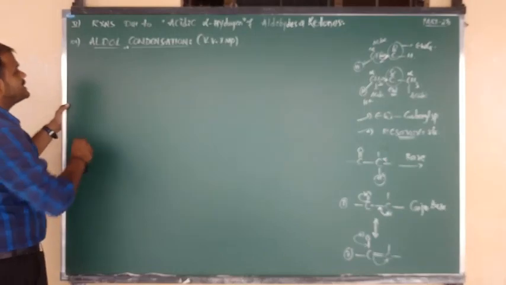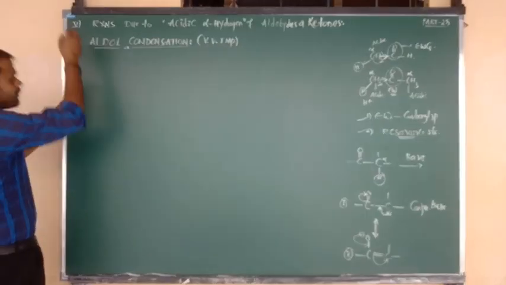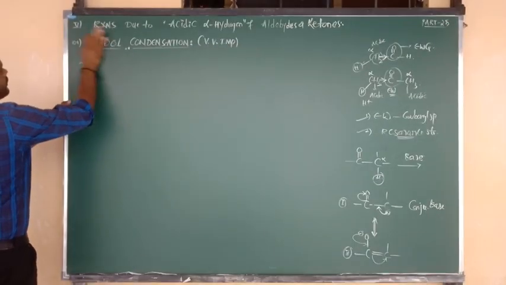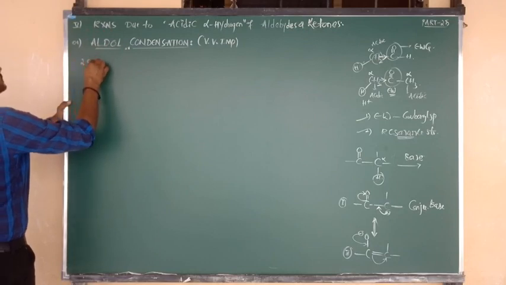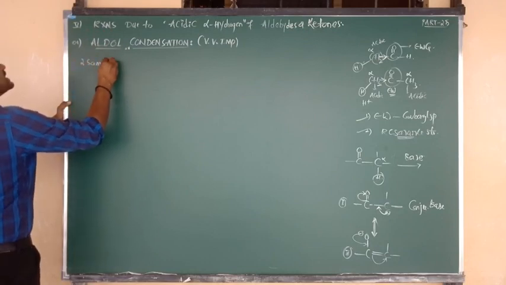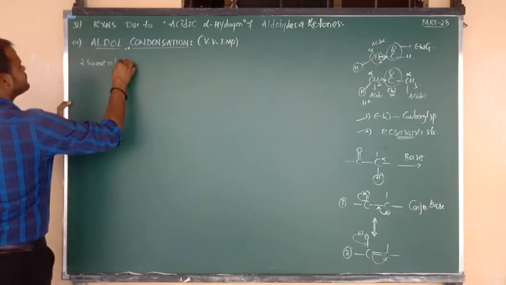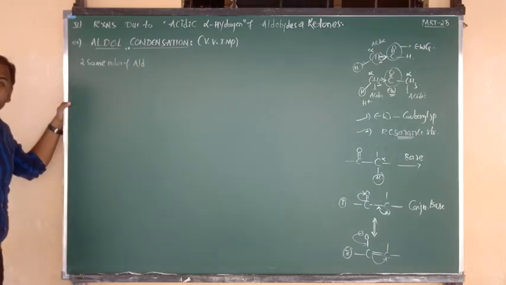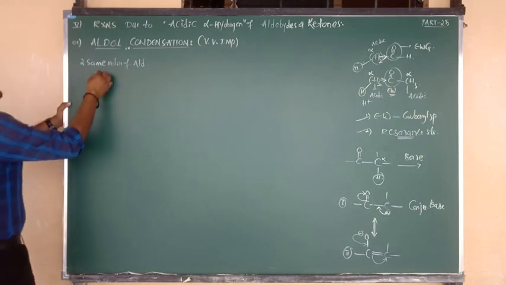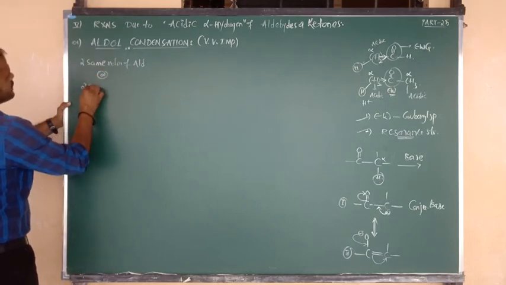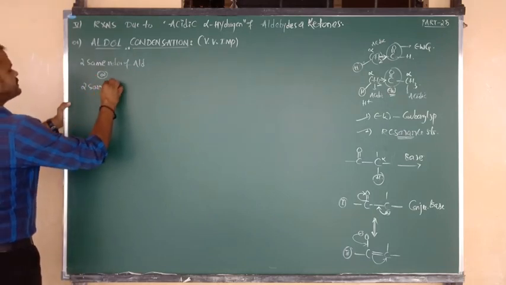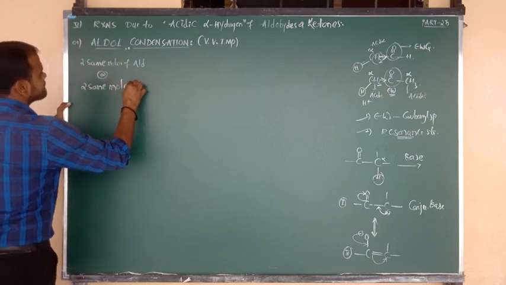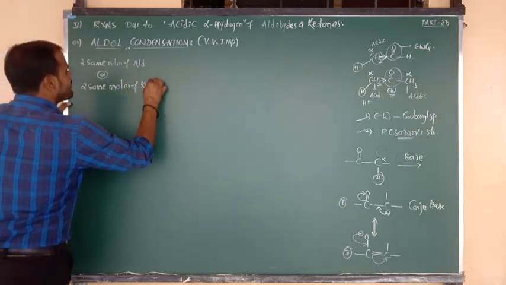First of all, I am going to give you one statement. First of all, I am going to consider two same moles of aldehydes, or otherwise you can consider two same moles of ketones. Two same moles of what, beta?